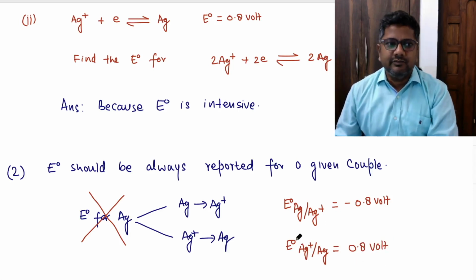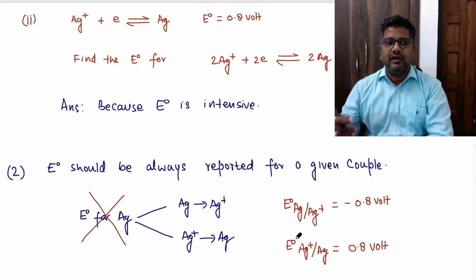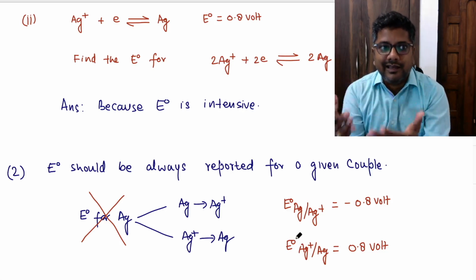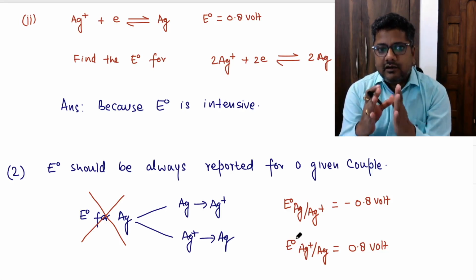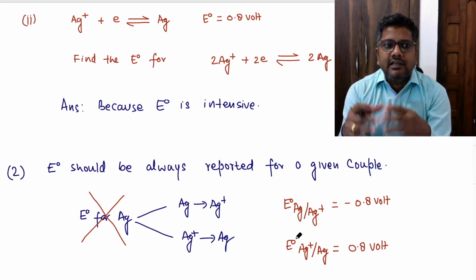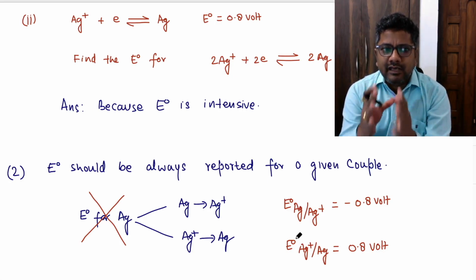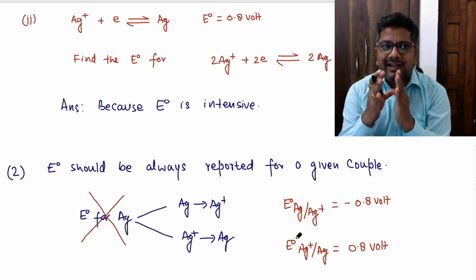So every time be extra careful how you are speaking and writing, that is also very important, right? So E naught should be always reported for a given couple. Suppose that you are saying E naught for iron. What is this? Iron 2 plus to iron 3 plus, iron 3 plus to iron 2 plus, or iron 3 plus to iron, or iron 2 plus to iron. What are you trying to say? So don't speak or write ambiguous terminology, and it will always put you in trouble.